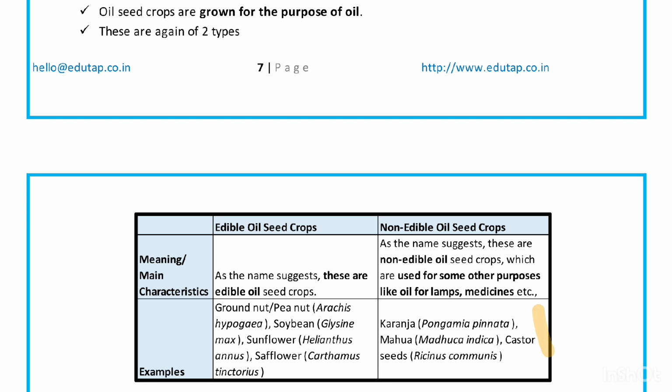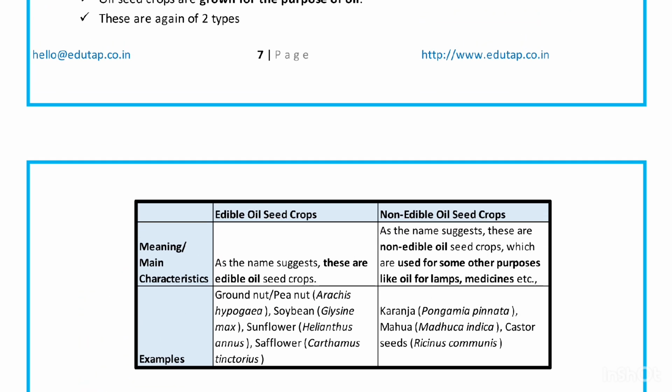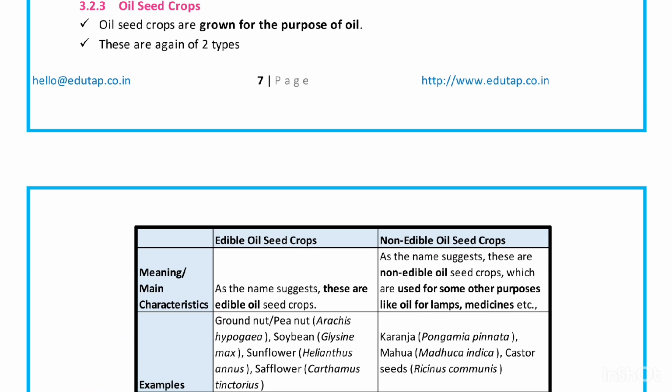These seeds have fatty acids which are used for extraction of oil, primarily for the purpose of oil. Mustard, groundnut, sunflower, safflower, these are all examples of edible oilseed crops.